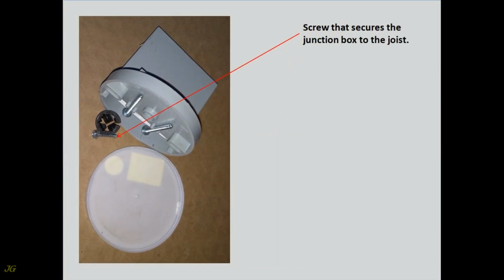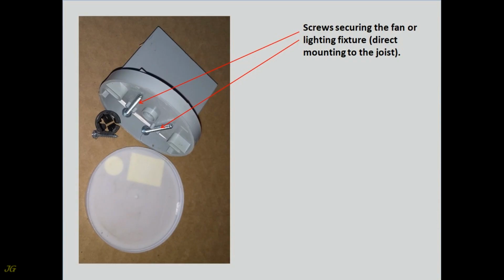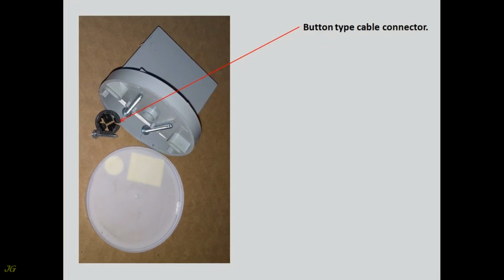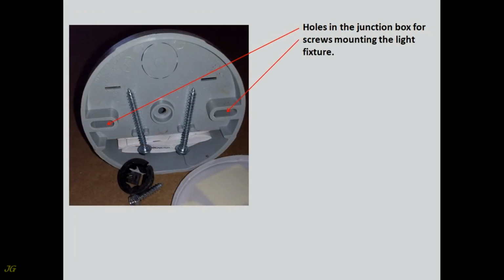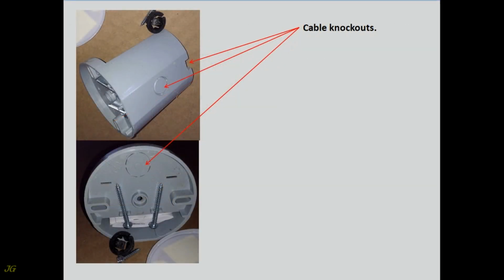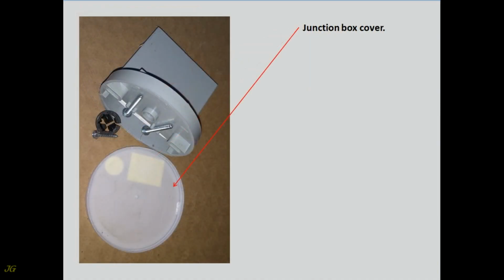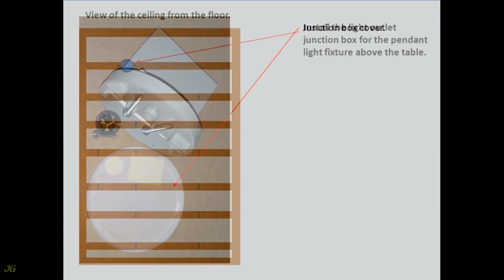Screw that secures the junction box to the joist. Screws securing the fan or lighting fixture, direct mounting to the joist. Button-type cable connector. Holes in the junction box for screws mounting the light fixture. Cable knockouts. Junction box cover.